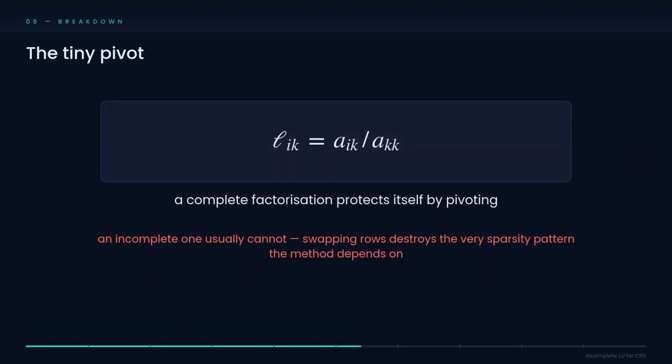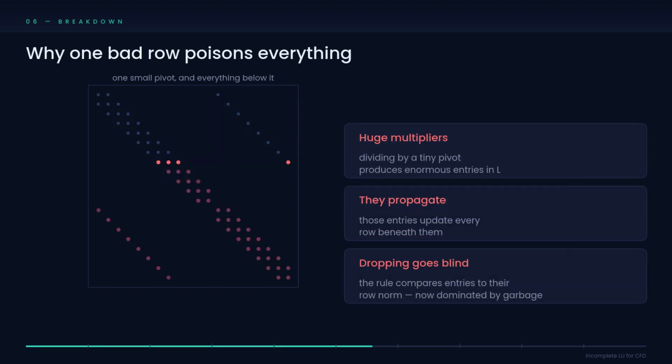Every step of an elimination divides by the current diagonal entry, the pivot. A complete factorization protects itself by pivoting. If the diagonal entry is small, swap in a better row. Incomplete factorizations usually cannot afford that, because reordering rows destroys the sparsity pattern the whole method depends on. So when a small pivot appears, we divide by it anyway.